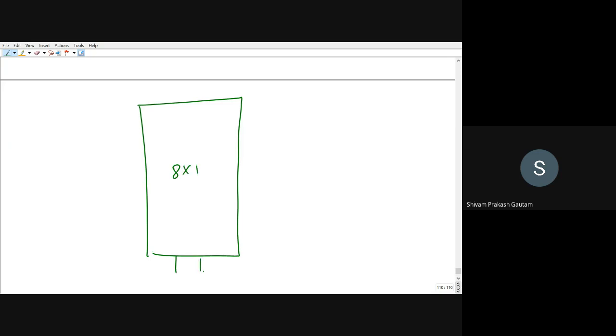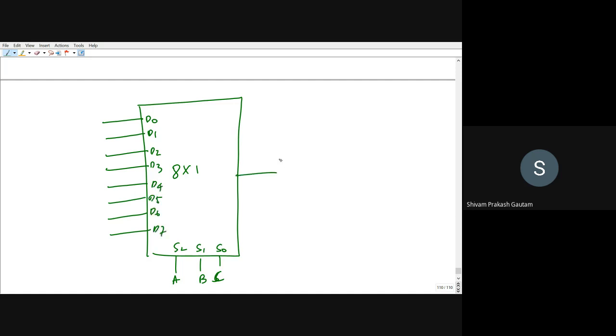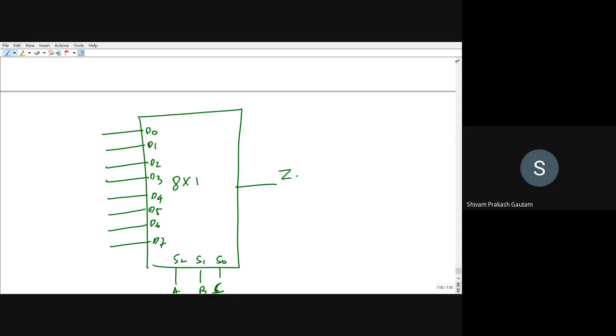We have 3 select lines, that is A, B, and C. You can call them S0, S1, and S2. We have 8 input lines, D0, D1, D2, D3, D4, D5, D6, D7, and the output you can call Z, right?